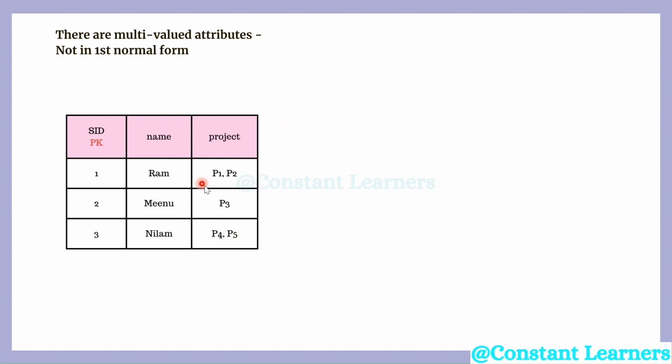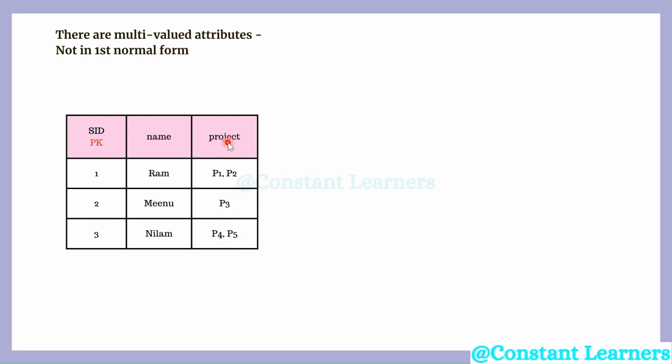And we can see that both the projects are mentioned in the same single cell separated by a comma, right? Here also we have P4, comma, P5. That means both the project names are mentioned in the same cell in the single column separated by a comma.